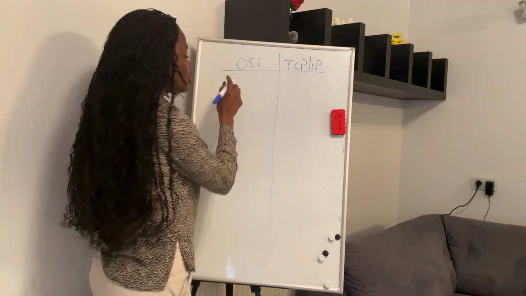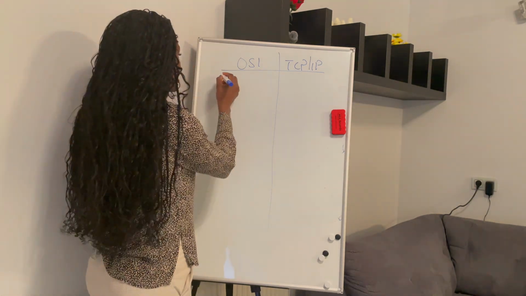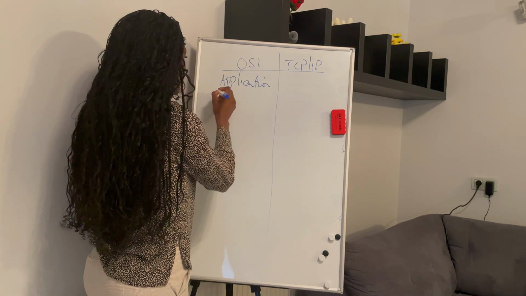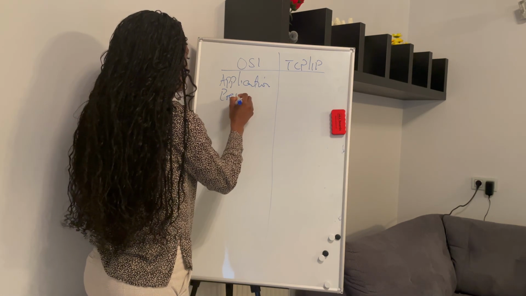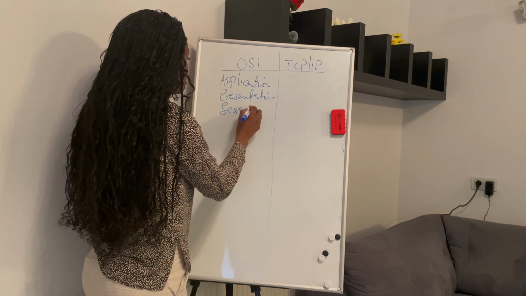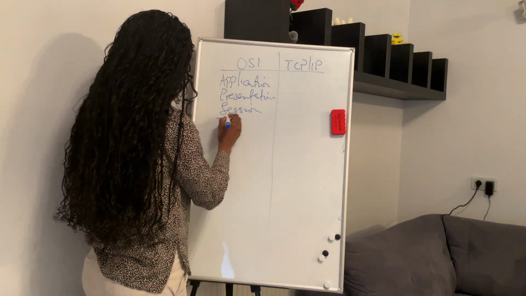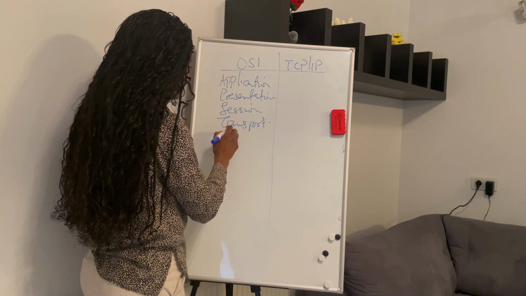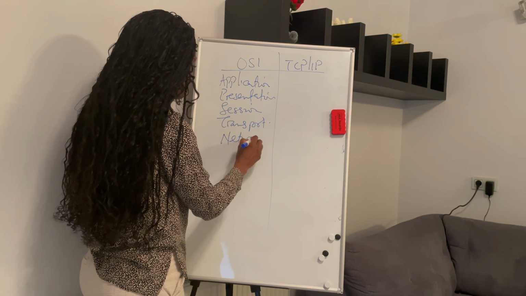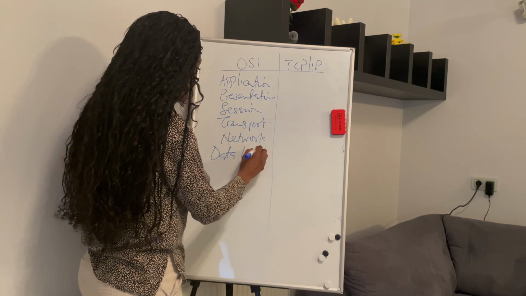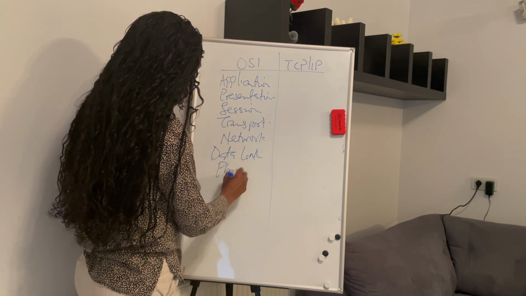So like we mentioned, for the OSI model we have application, presentation, session layer, transport layer, network layer, data link, and then we have the physical layer.